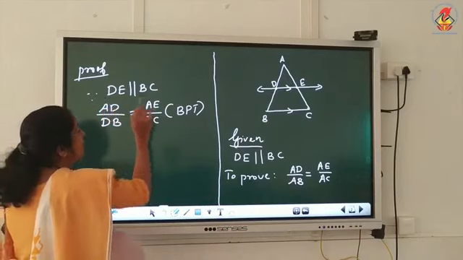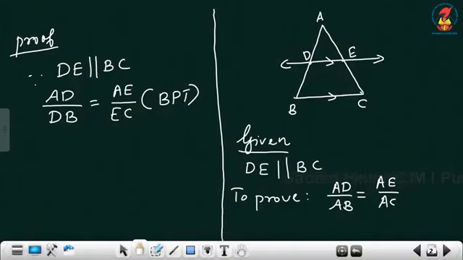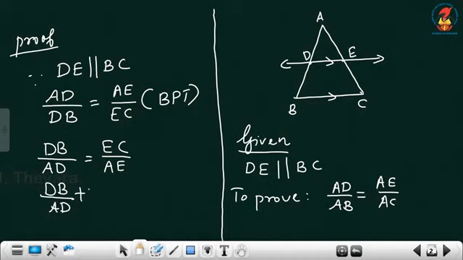So, DE is parallel to BC. So, AD by DB is equal to AE by EC using BPT. What you have to write first is, take the reciprocal of this, add 1 on both sides.